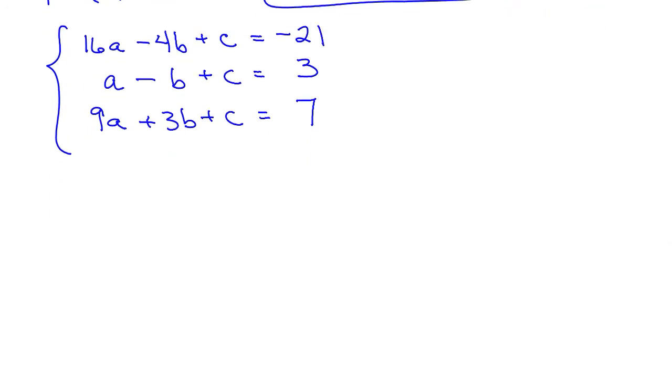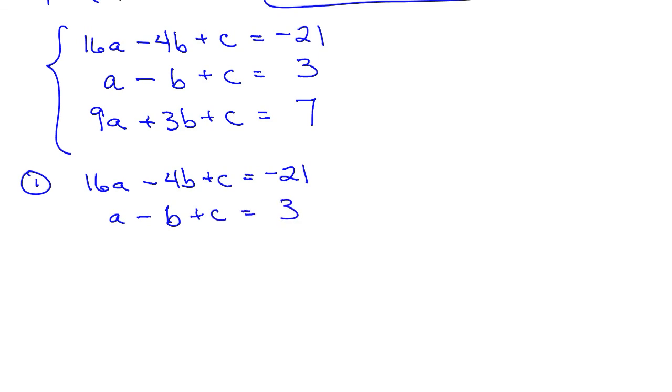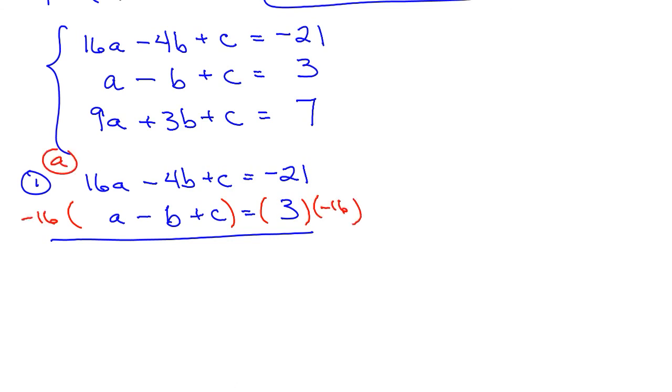So to solve, I'll pick the first equation and the second equation. And I'm going to multiply the second equation by -16, because I want to eliminate the a. So the first equation stays.